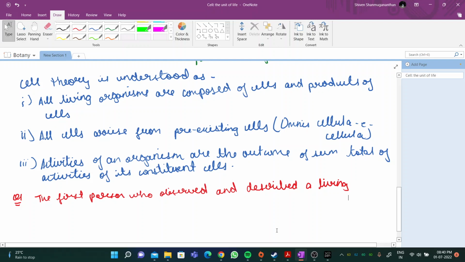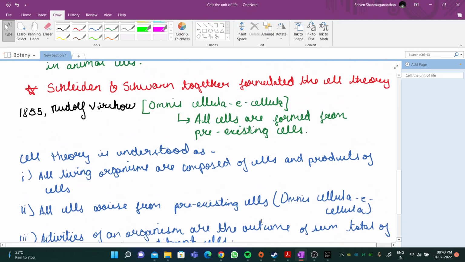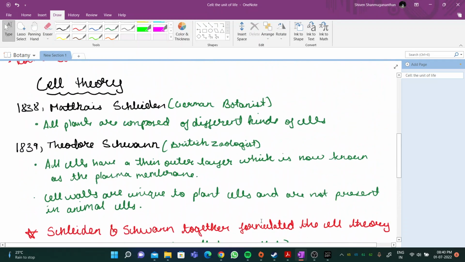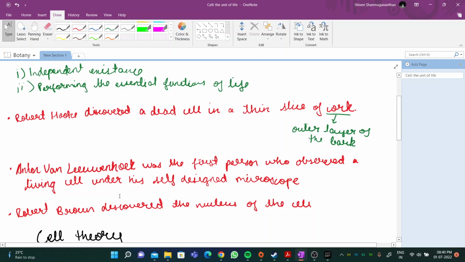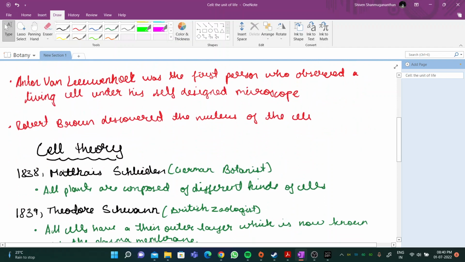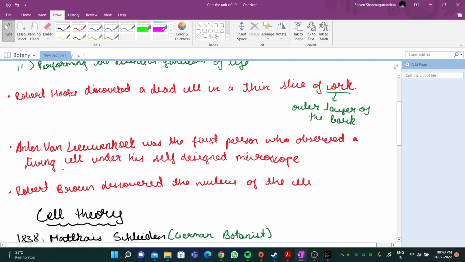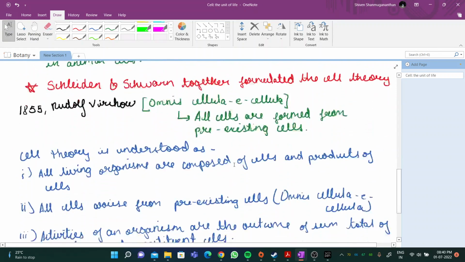So, the first person who discovered and described the cell. If we scroll up, we can see it's Anton van Leeuwenhoek. He was the first person who discovered a living cell under his self-designed microscope. And that's important, the self-designed part. So let me underline that. Self-designed microscope. Okay.